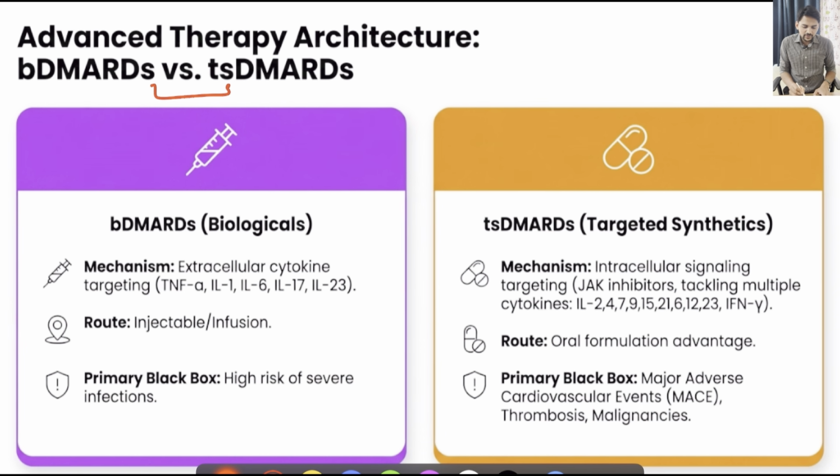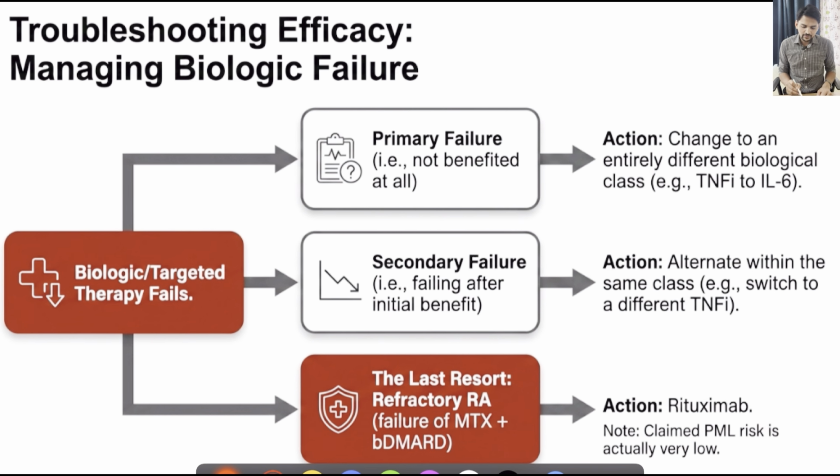So after conventional, if we see biological versus targeted synthetic DMARDs, the infection risk is almost similar in both of these conditions, but the other adverse effects will vary and the route of administration will also be a differentiating point, we can say. Now whenever these biological therapy fails, what we have to do?